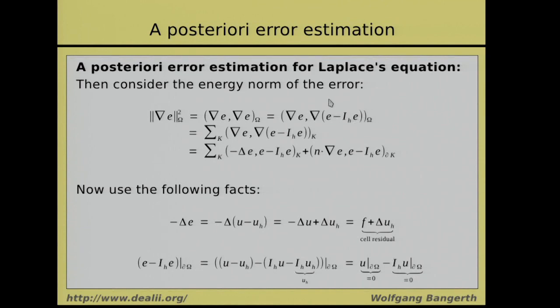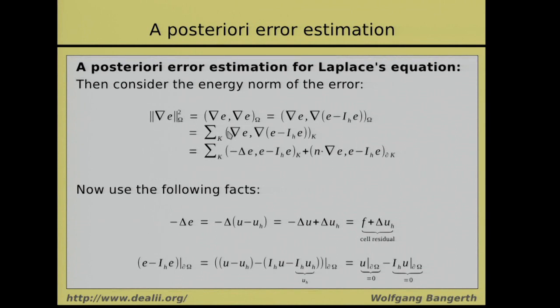Okay, so I have this expression here, and when I say parenthesis grad e times grad of something over omega, that's of course the integral over the entire omega, and I can split this integral up into a sum over cells and then just integrate on the cells. On each cell, I'm going to integrate by parts, moving the gradient from here to over here.